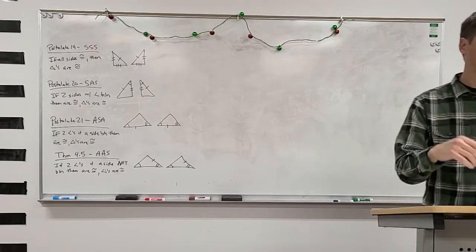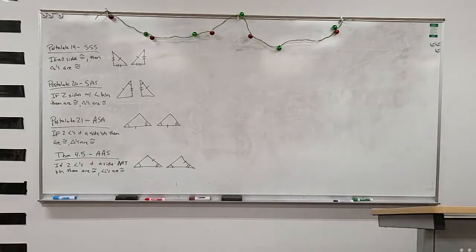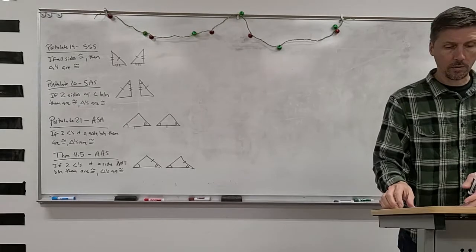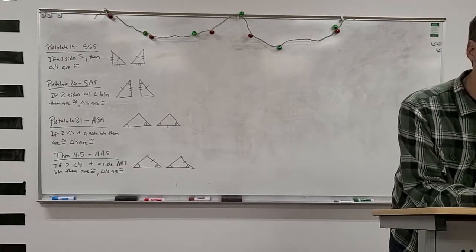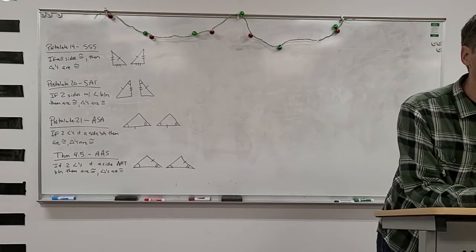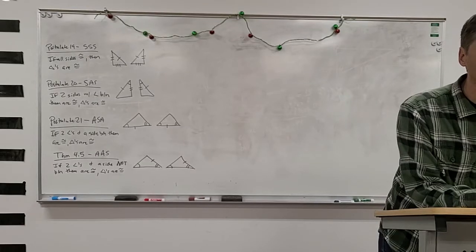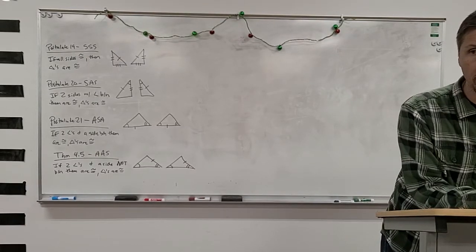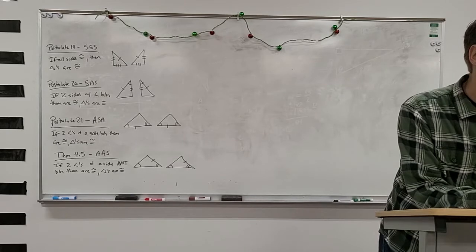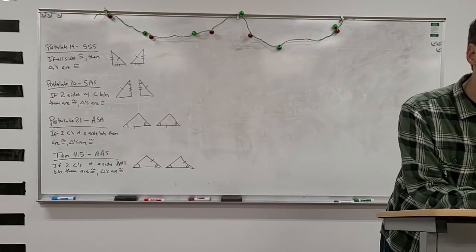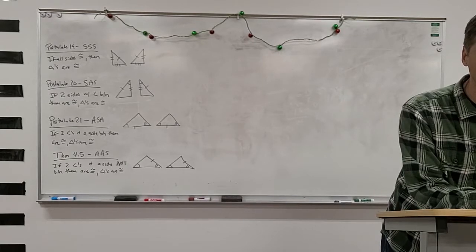Why is this one a theorem and the others are postulates? Well, with the postulates, we've been able to definitely prove them. But with theorems, we haven't been able to prove every case. So all the cases we've tried are true. But they recognize with the theorems that there are other cases that haven't been tried.